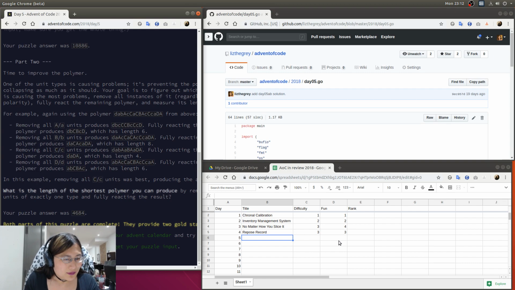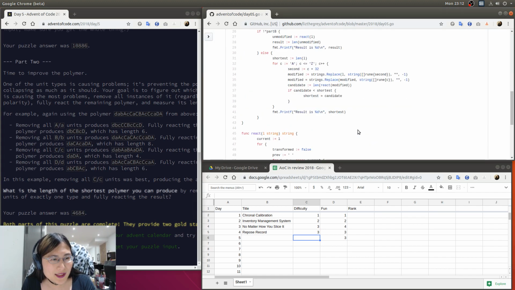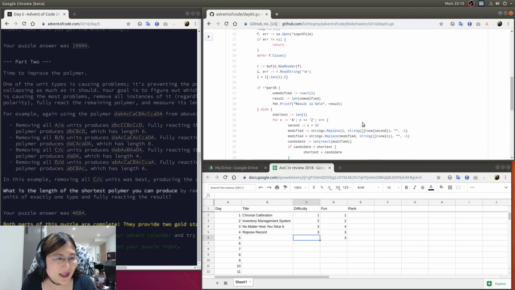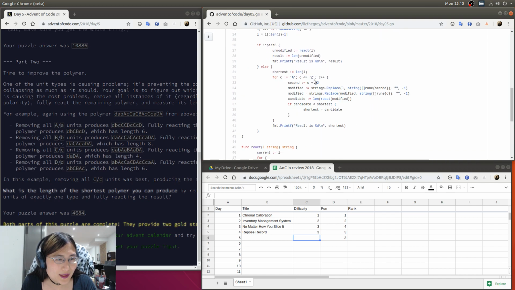This is a relatively simple variation, which is basically if you take out all units of one kind and then fully react, what happens? So you just need a loop to account for seeing, okay, if I take out all of these things, what is the result? What happens if I remove each of these pairs?